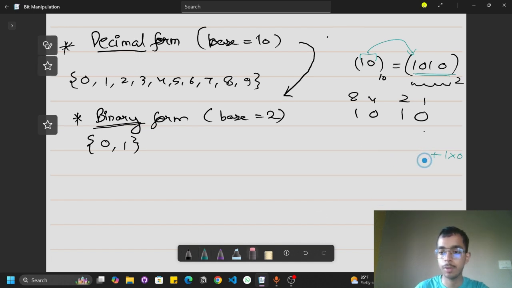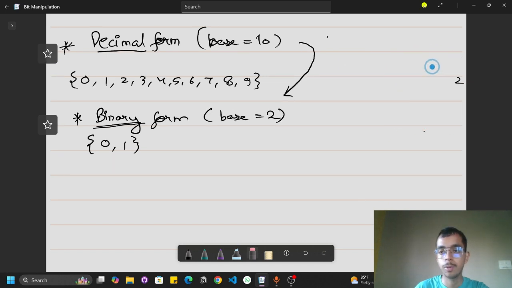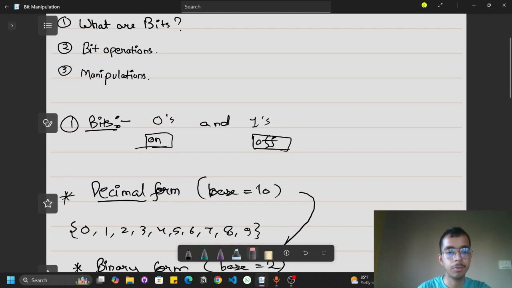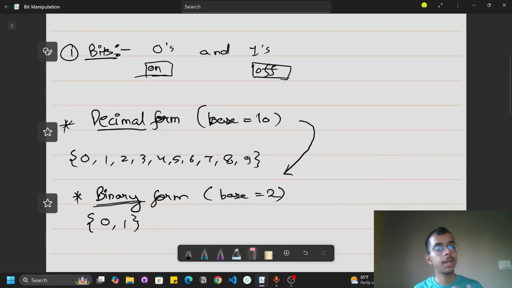Now that we have seen that any number can be converted into binary format, we will see what we can do with this format. The binary system is the most common system and is generally used by all systems for computational purposes.